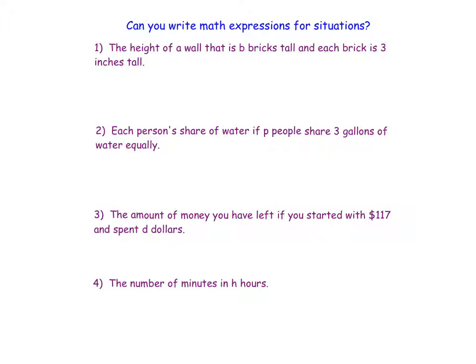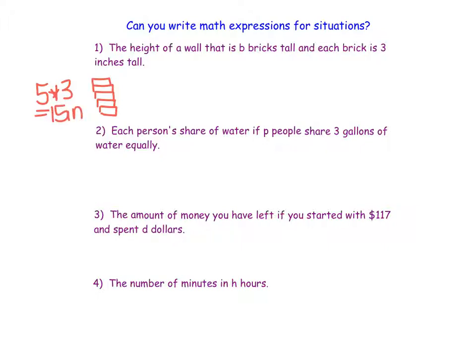So if I think about a wall here, I know, okay, here are the bricks, and say that the wall was 5 bricks tall. Well, I know that to calculate the height, I would take my 5 bricks and multiply it by the 3 inches per brick to get 15 inches tall.